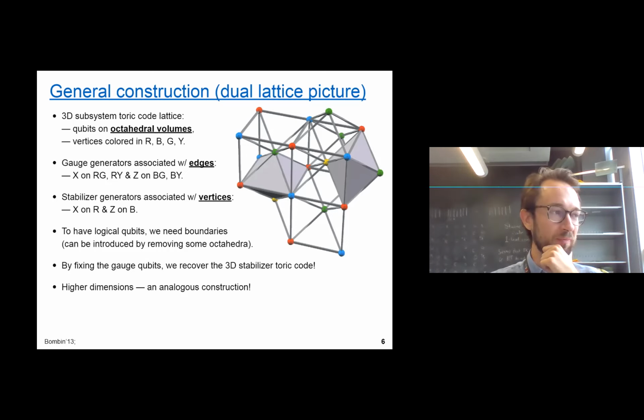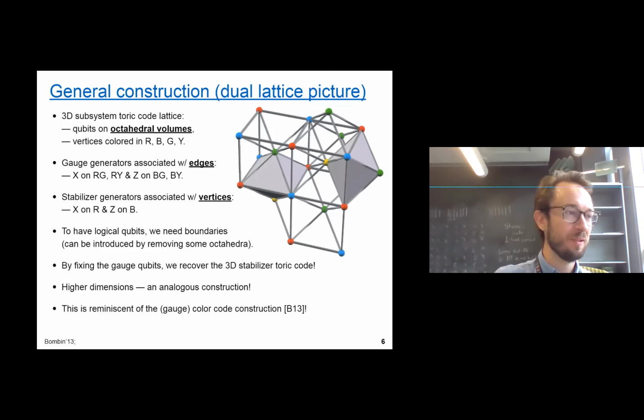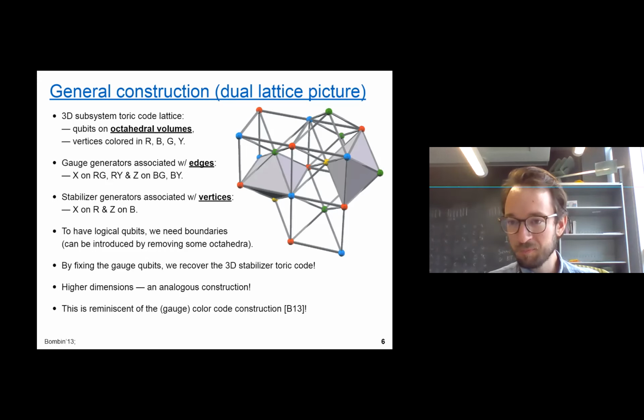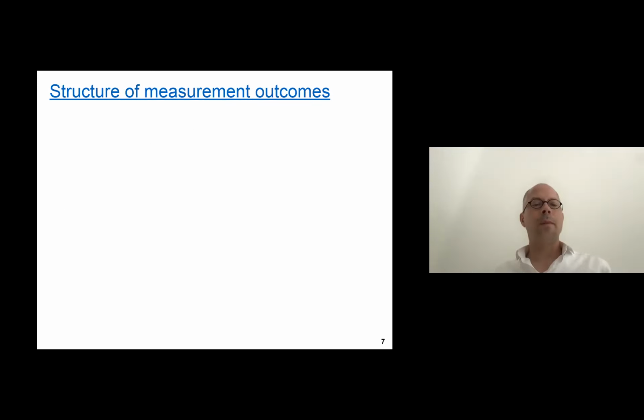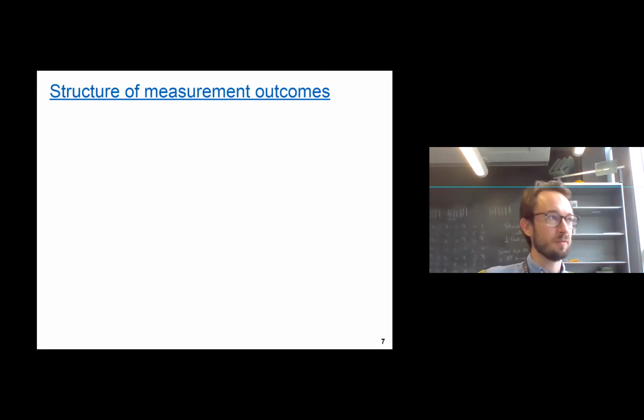This is something I'm still interested in solving at some point. And this general construction is reminiscent of the gauge color code. Okay, so that's the definition stuff out of the way.